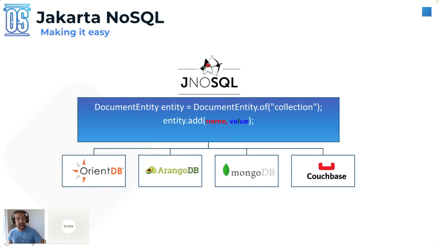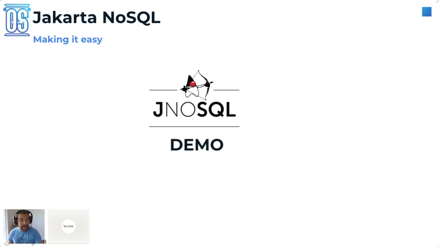I can use ArangoDB right now because I know the syntax, I know the imports, I know everything that I need to do. The same thing happens with MongoDB, the same with Couchbase, and so on. So that is the main motivation behind Eclipse JNoSQL, implementing two specifications, Jakarta NoSQL and Jakarta Data. But of course, today I will focus more on Jakarta NoSQL and Eclipse JNoSQL.